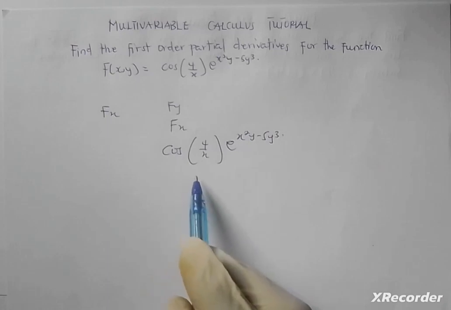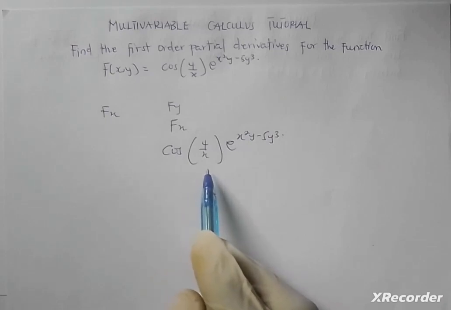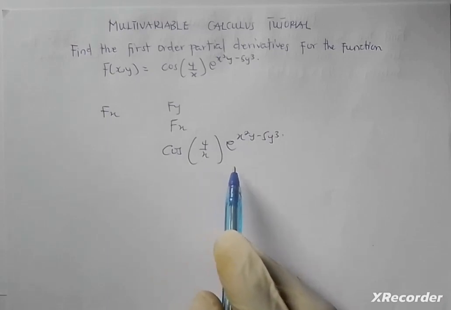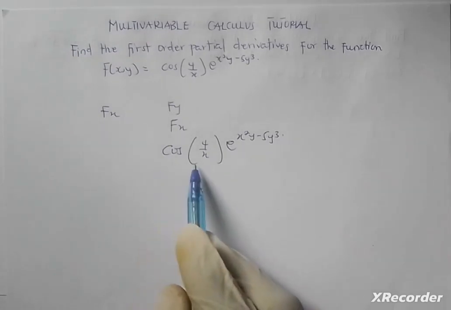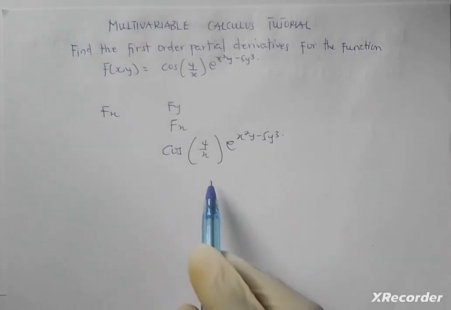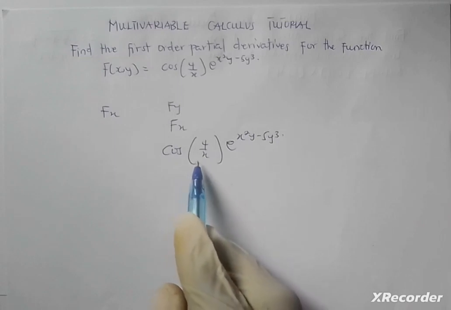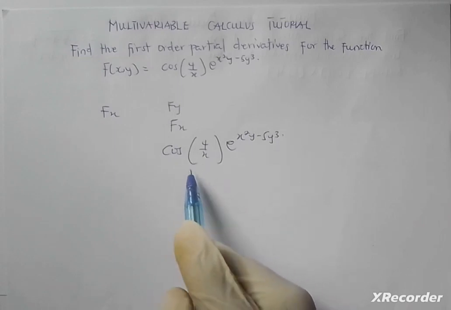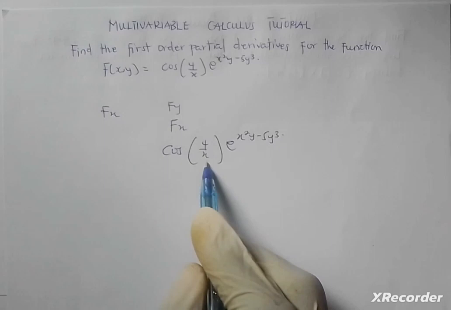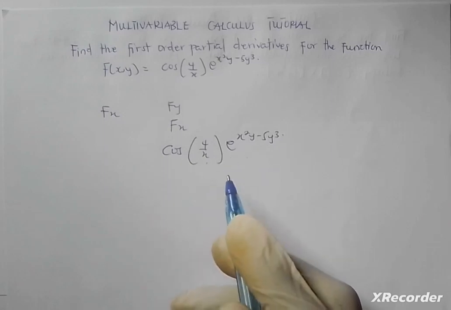So this is a product rule because it's the product of two different functions. We have a trig function as well as an exponential function. So to differentiate this with respect to x, I'm going to differentiate this term and maintain this, and afterwards add the product rule.